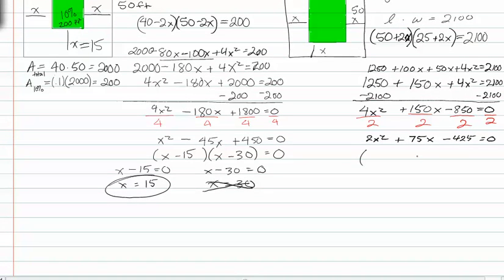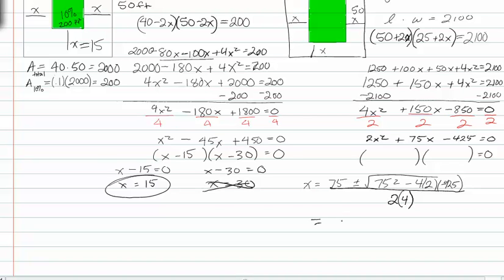From there, I factor. This is such a large quadratic equation, I'm going to use the quadratic formula. X is equal to negative 75 plus or minus the square root of 75 squared minus 4 times 2 times negative 425, all over 2 times 4.